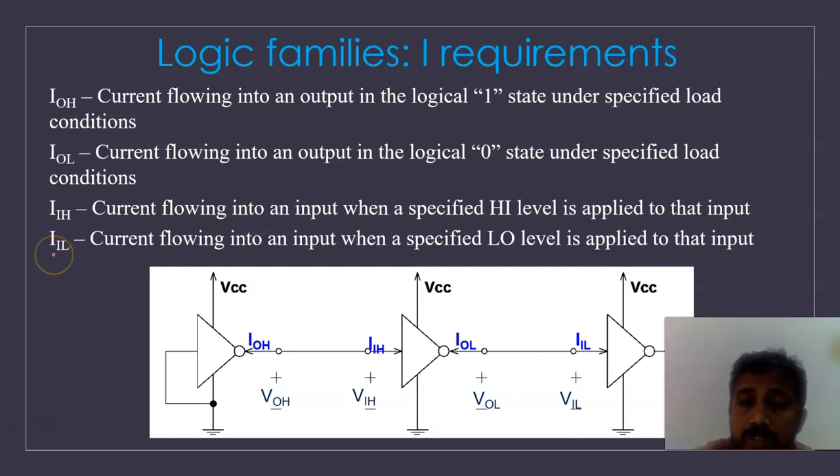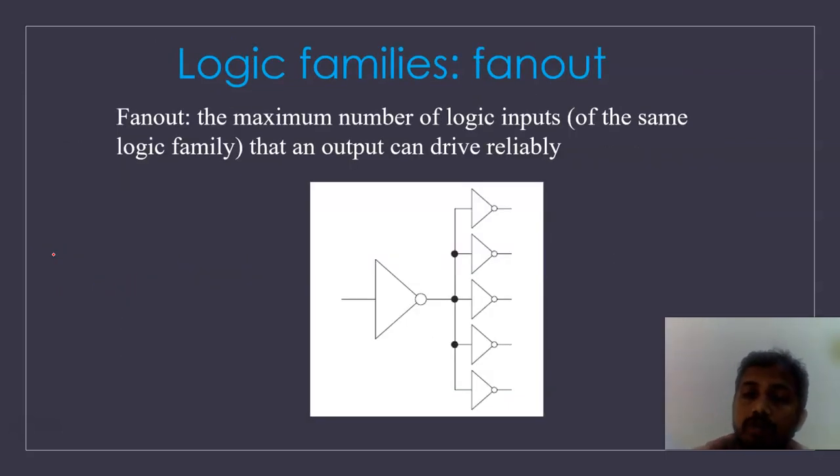So these are the currents associated with the inputs low and output high. So there are four current levels, namely IOL and IOH, relating to low and high voltages at the output respectively, and IIL and IIH, corresponding to the low and high voltages at the input.